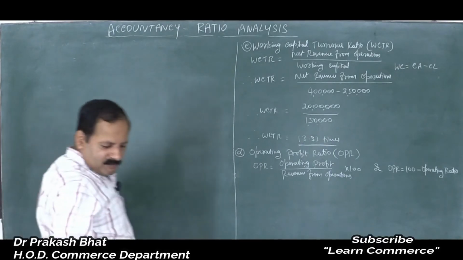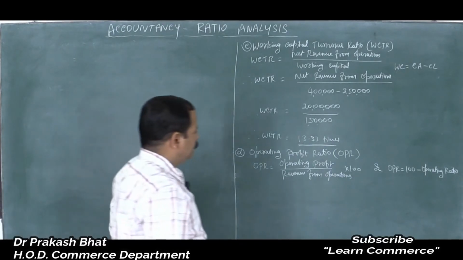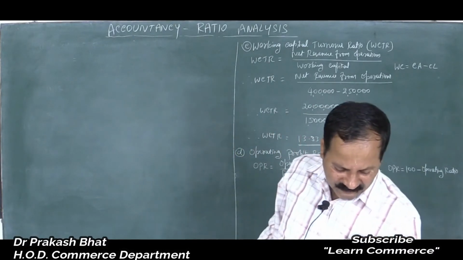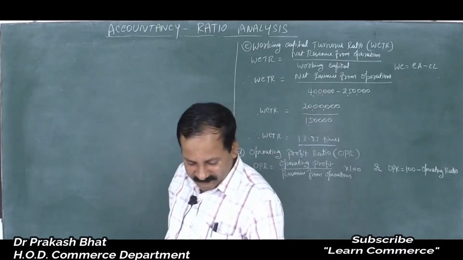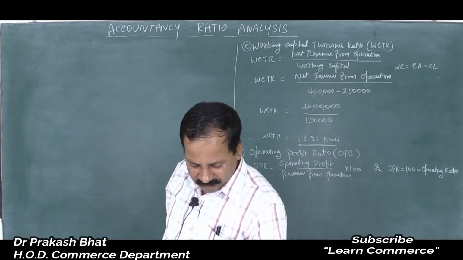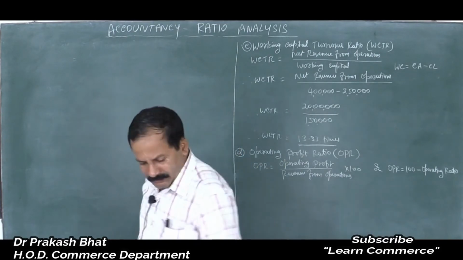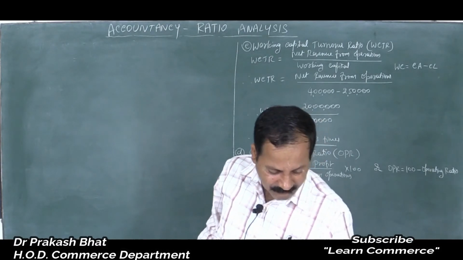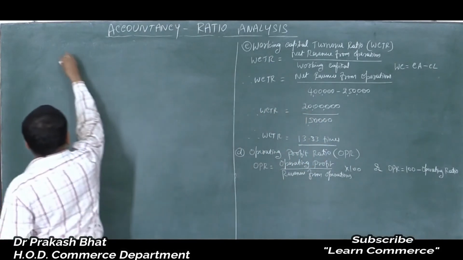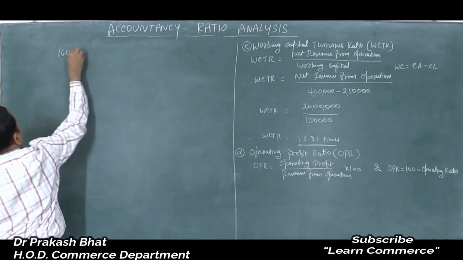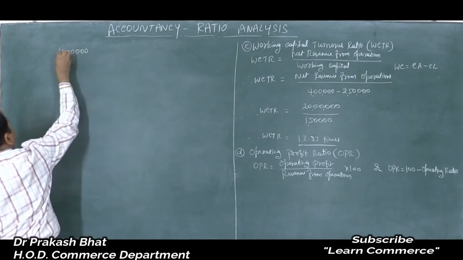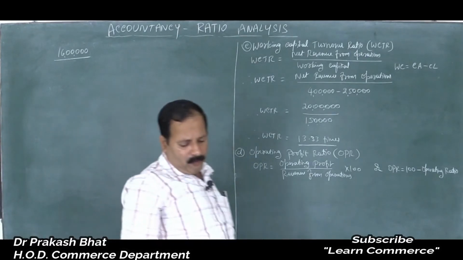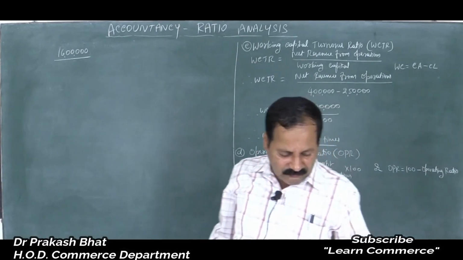Yes, let us continue. Operating profit, what is given in the problem, is it 1,60,000? Yes, it is 1 lakh. No, it is 16 lakh, I am sorry, 16 lakh it is, divided by revenue from operations, is it 20 lakh?